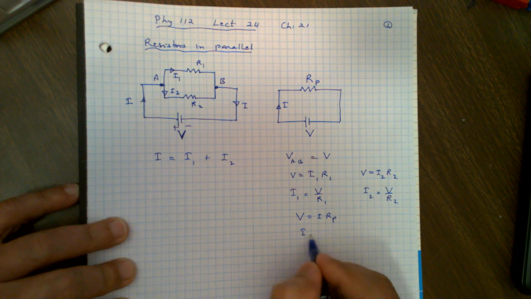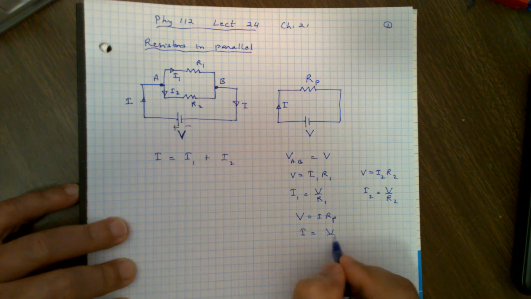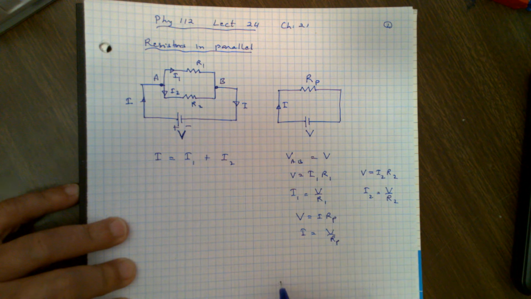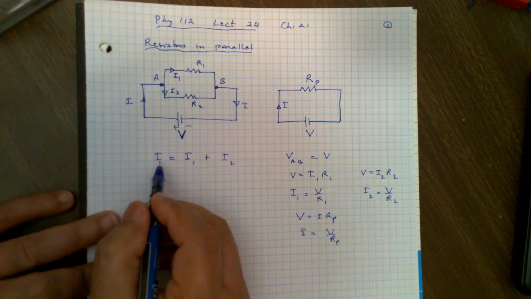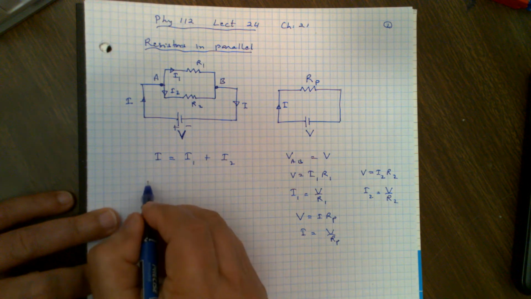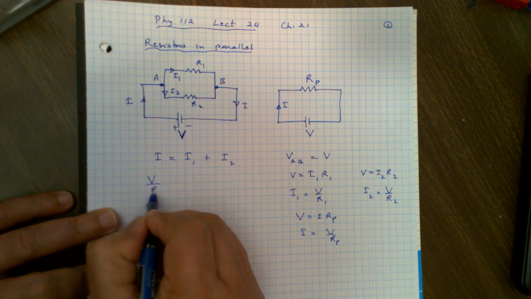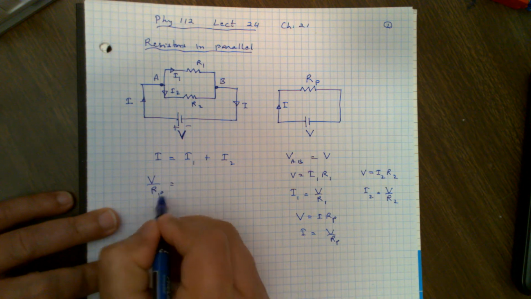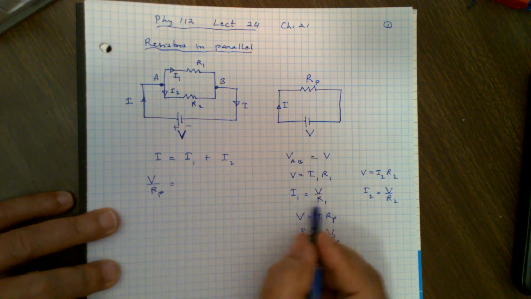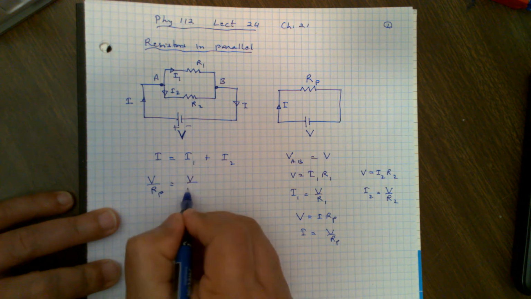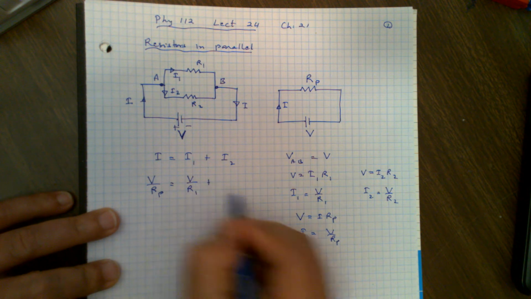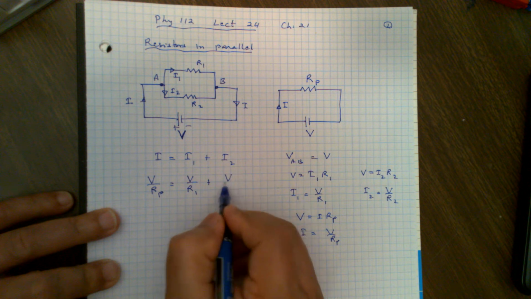So then I is equal to V by RP. Now I can substitute it here. So I is equal to V by RP, I1 is V by R1, and I2 is V by R2.